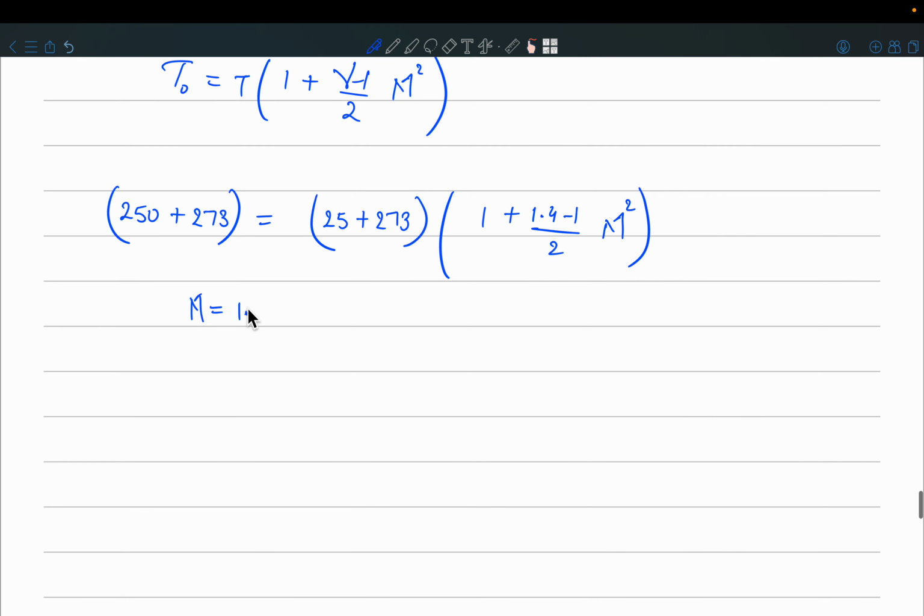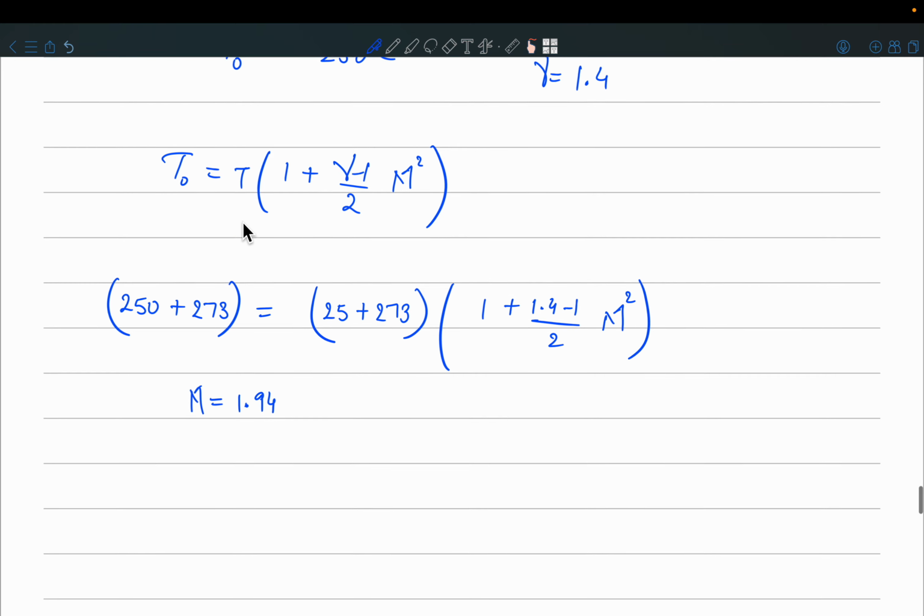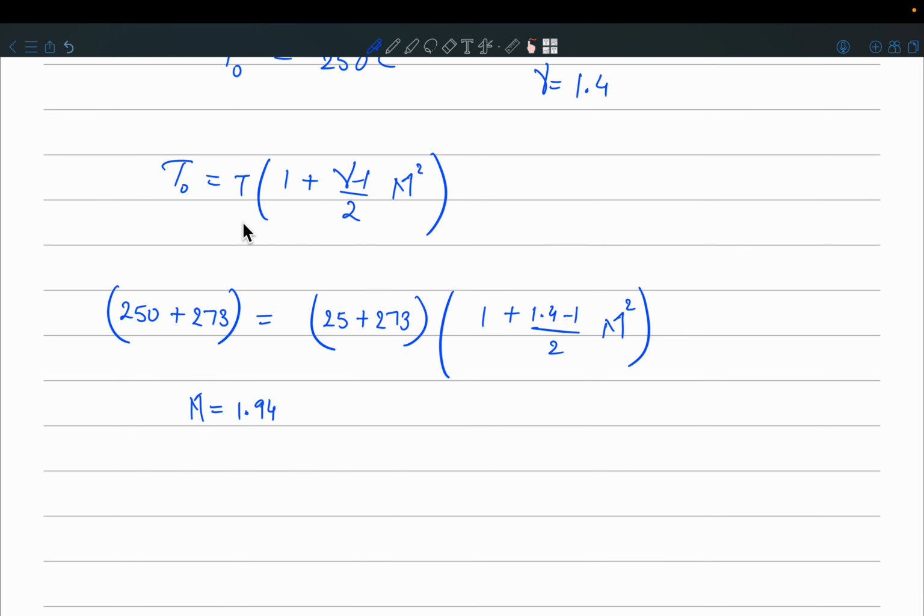Mach number is 1.94. Yes, it's 1.92 actually. Yeah, you have to convert it to Kelvin, right? That is very important. It's coming 1.92, it won't be 1.94.